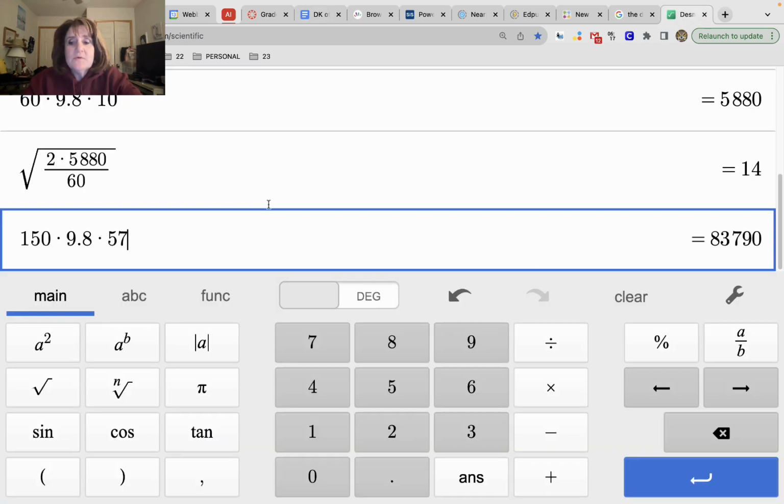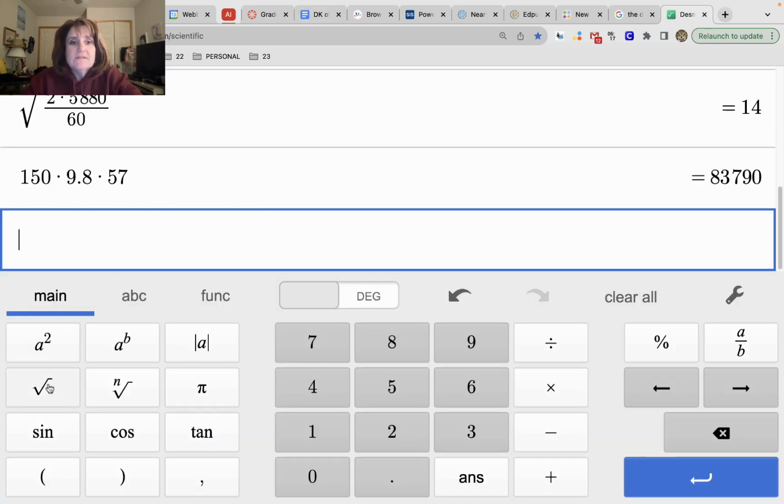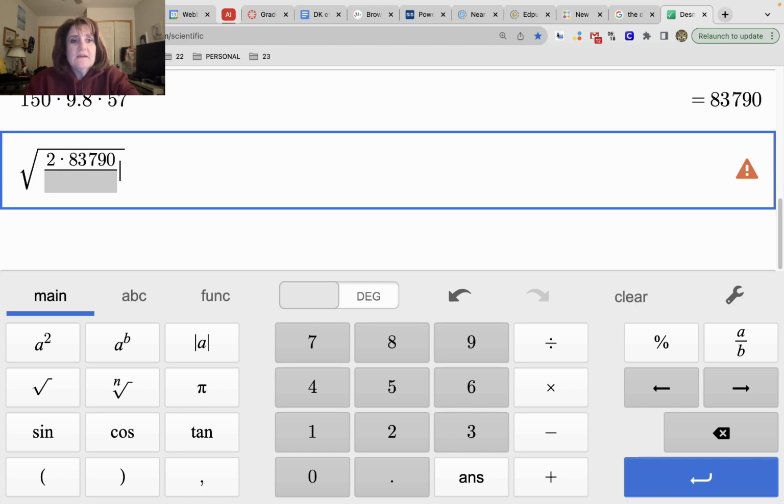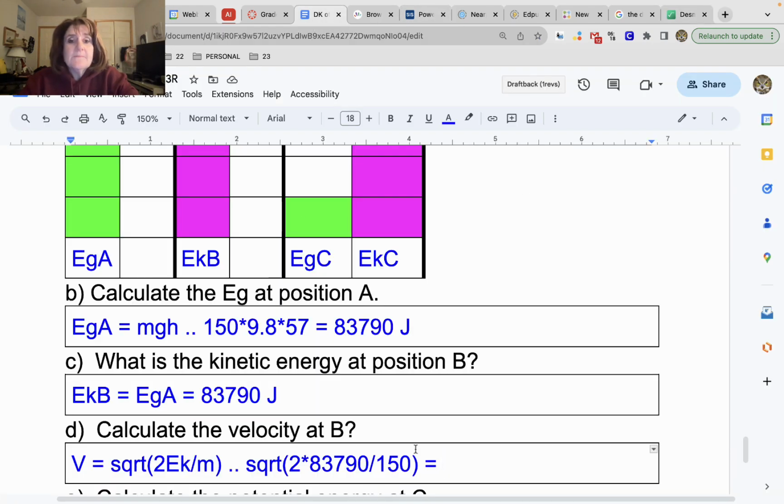Back over to Desmos. This is the square root of the fraction 2 times 83,790 divided by 150. Gives me a velocity of 33.4.